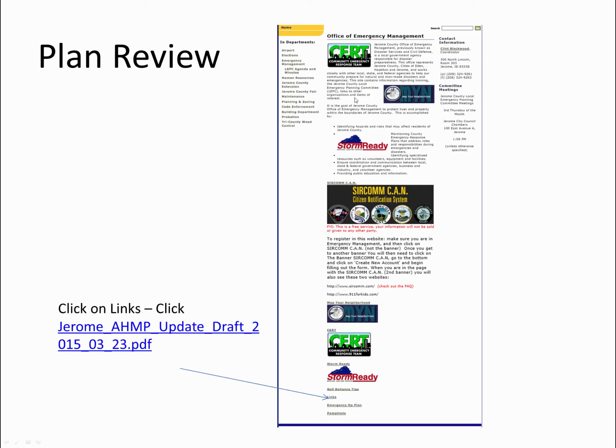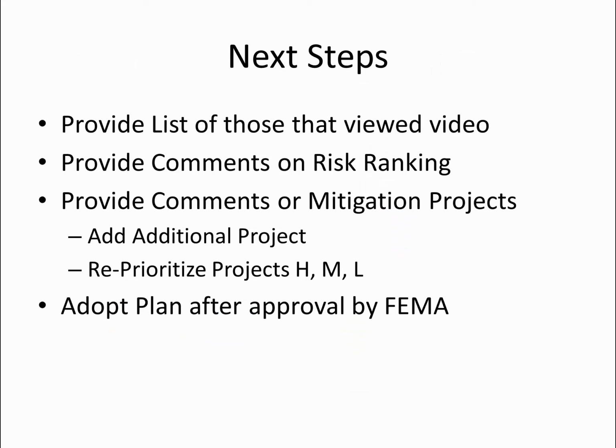Go to the Office of Emergency Management's page under Departments in the county website. Go down to the bottom of that, click on Links, and at the bottom of the Links page is a link titled Jerome AHMP Update, and you will be able to see the latest draft of that plan. We welcome your review and comments.